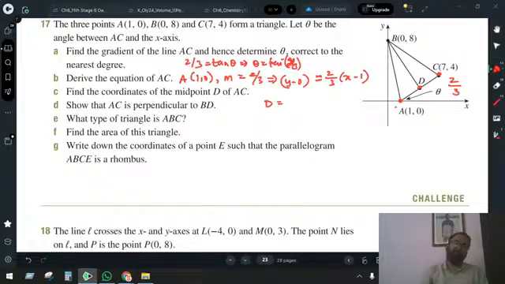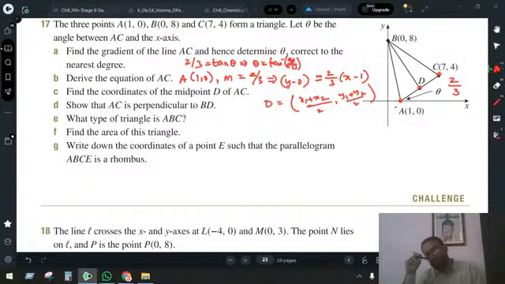Midpoint is the middlemost, the average. It is x1 plus x2 by 2, comma y1 plus y2 by 2.